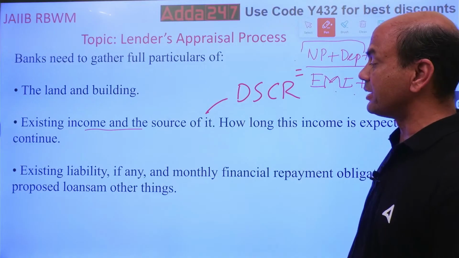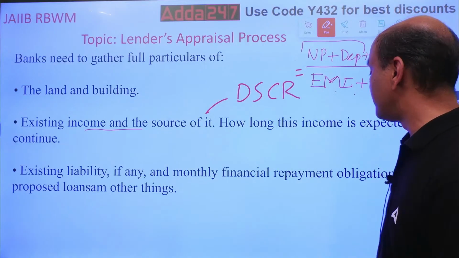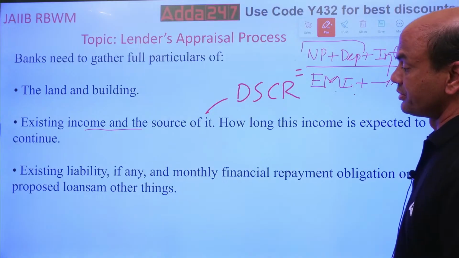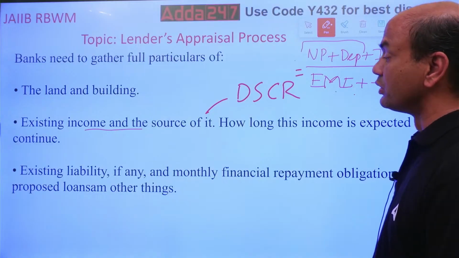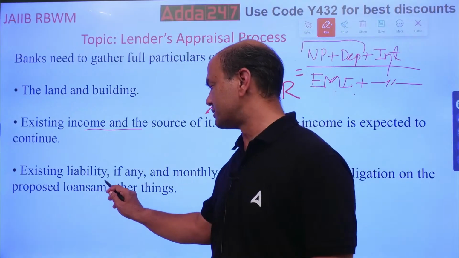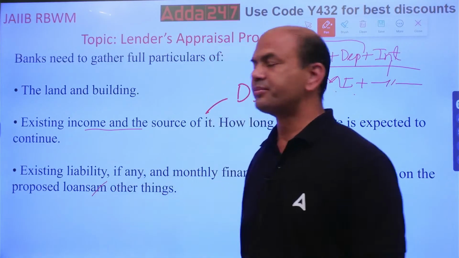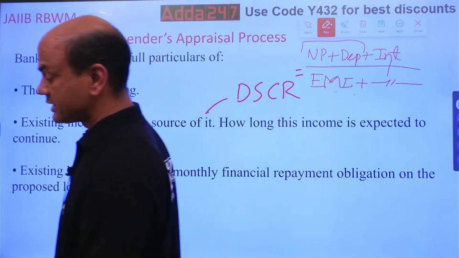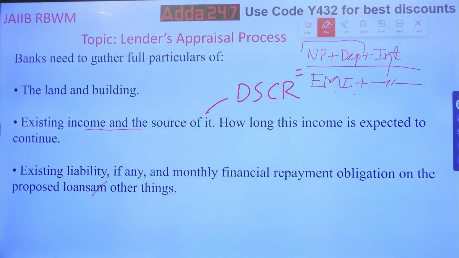Next, existing liability, if any, and monthly financial repayment obligation on the proposed loan, among the other things. So basically, how many existing loans do I have? That is checked. What do you mean by this?